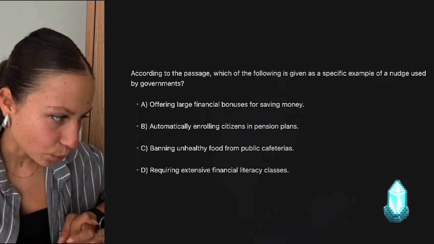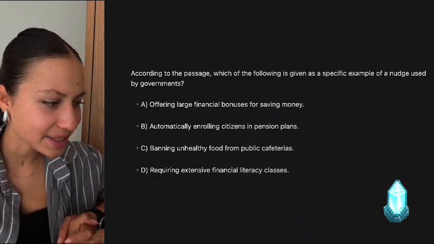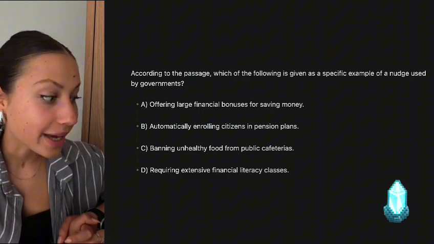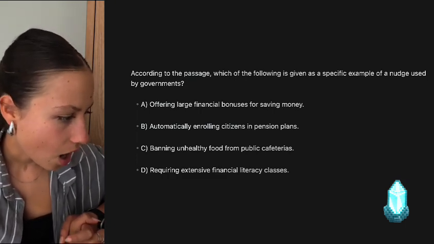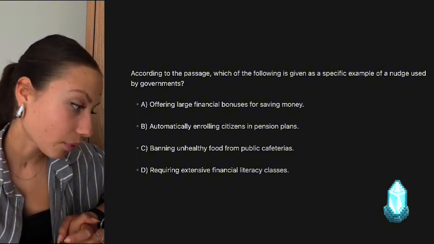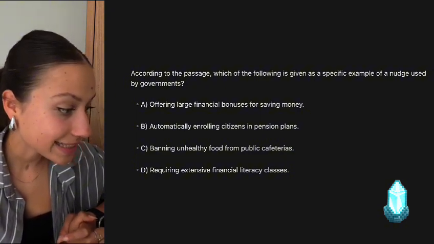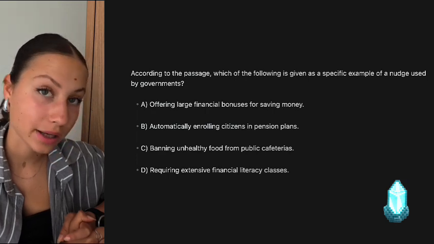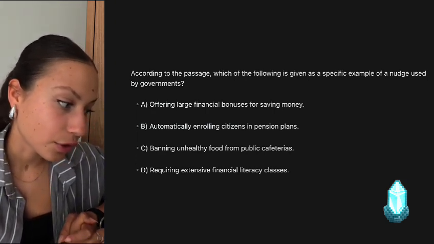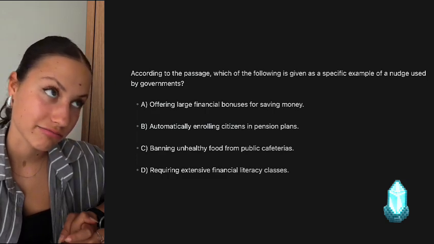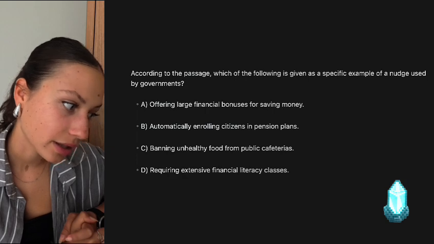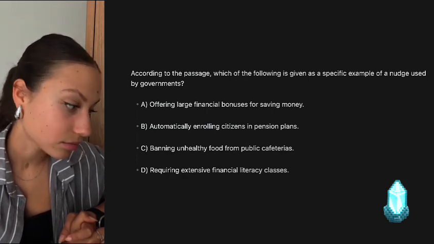According to the passage, which of the following is given as a specific example of a nudge used by governments? Offering large financial bonuses for saving money, automatically enrolling citizens in pension plans, banning unhealthy food from public cafeterias, requiring existence financial literacy classes.